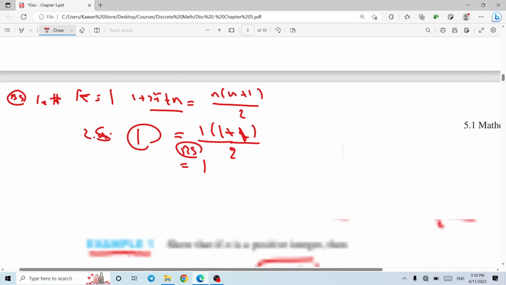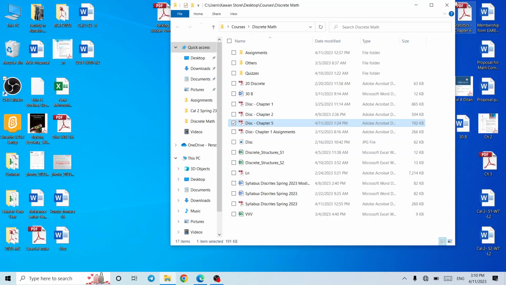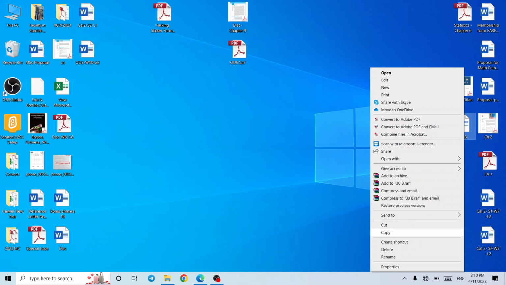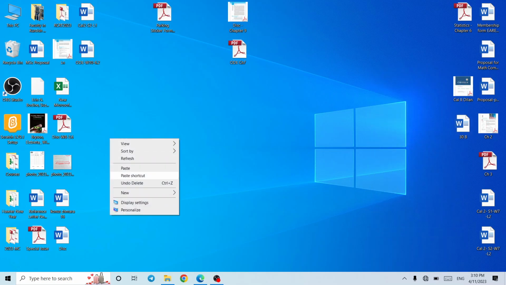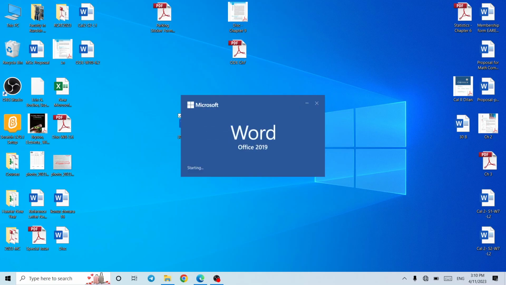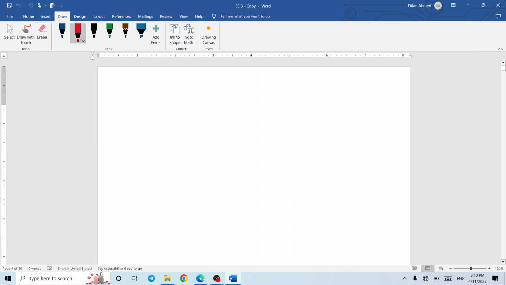Now I am going to the k step. I will make a generalization to the k step. We say 1, 2, till n is equal to n plus 1 over 2.